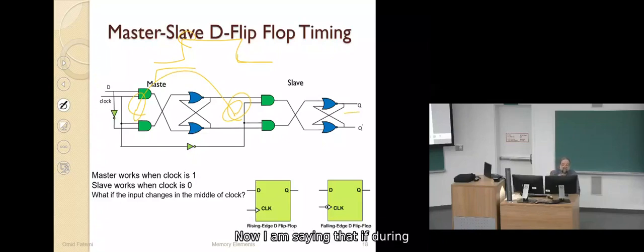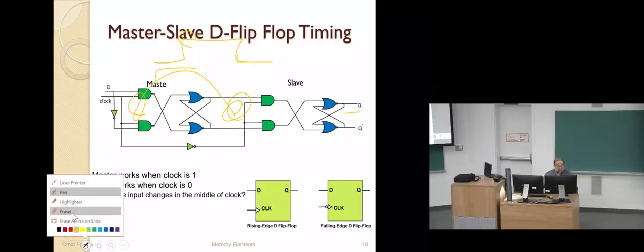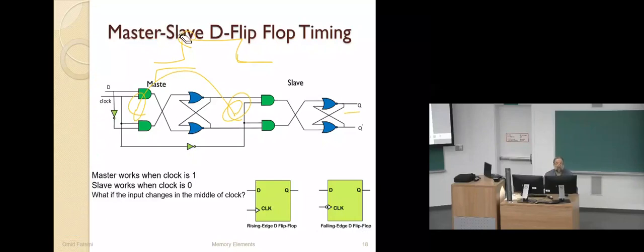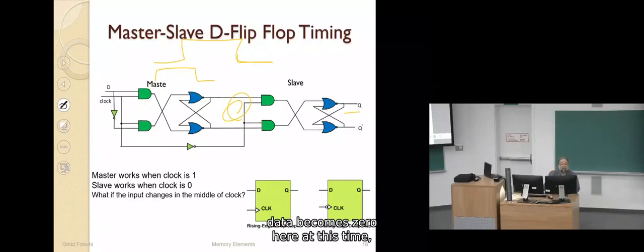Now I am saying that during the clock cycle the data changes, data becomes 0 here at this time. So at this time you see clock is still 1. Since the clock is still 1, this master works because the clock is 1.